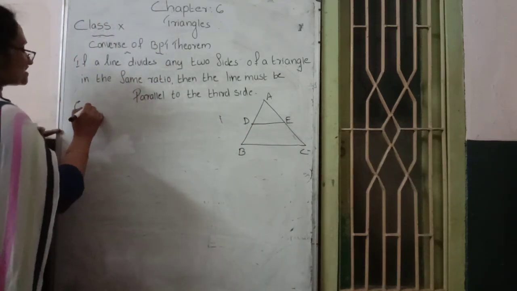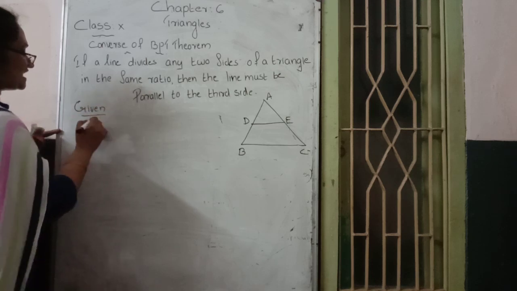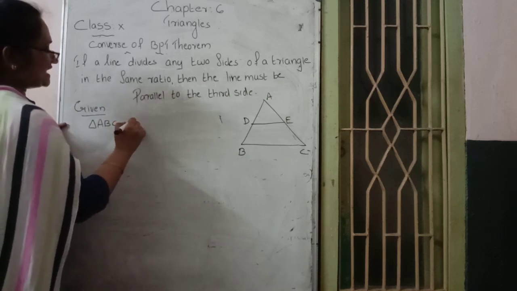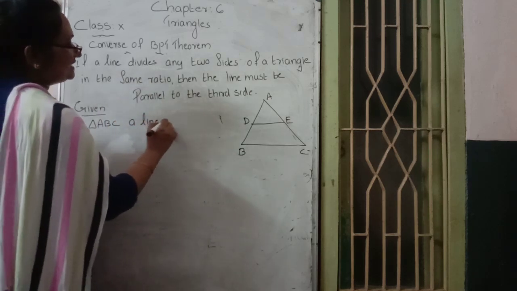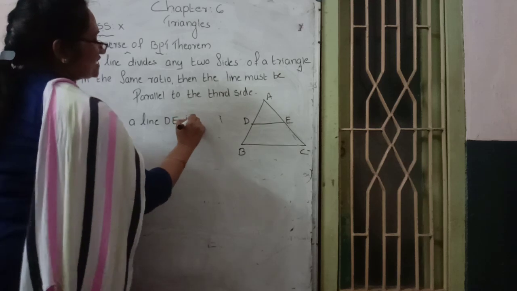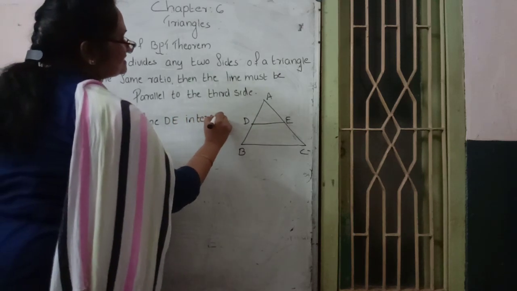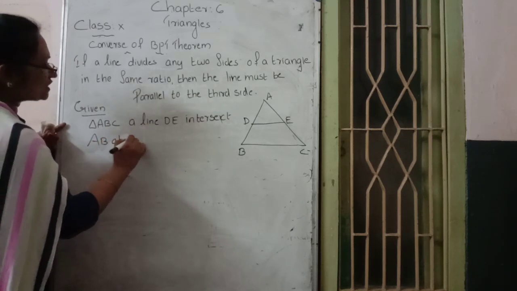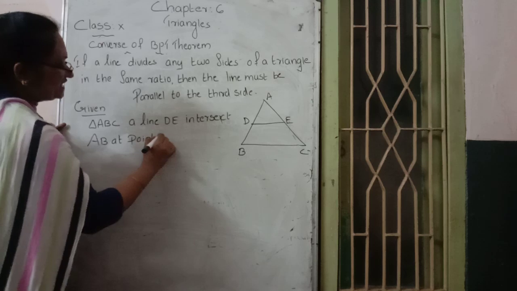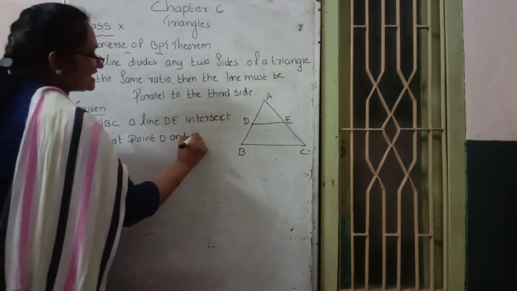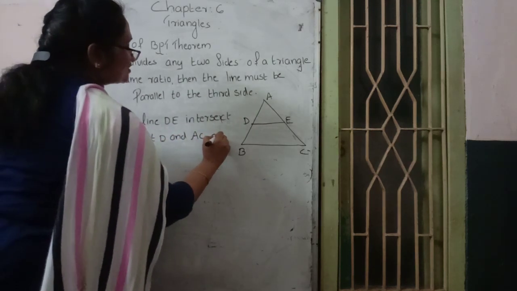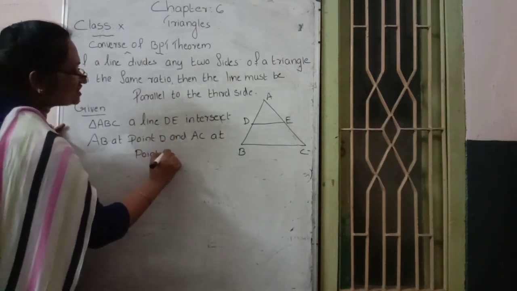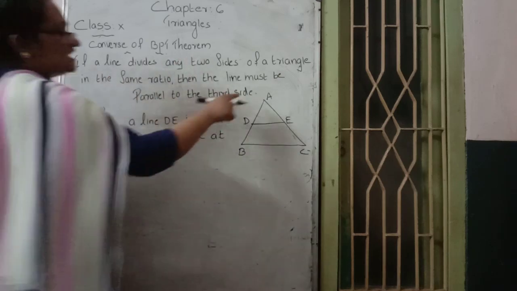So we start with the given part. First, what information did they give? They gave us a triangle ABC and a line DE which intersects side AB at point D and side AC at point E. This information is given in the question.